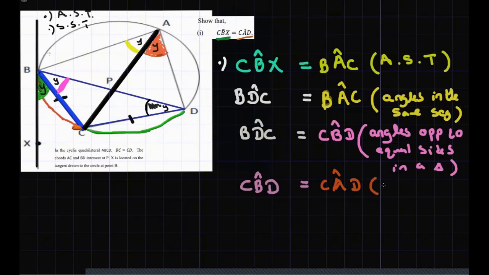What's the reason? Angles in the same segment. All right. So now, what are we supposed to prove? We are supposed to prove the green angle, CBX, is equal to CAD.